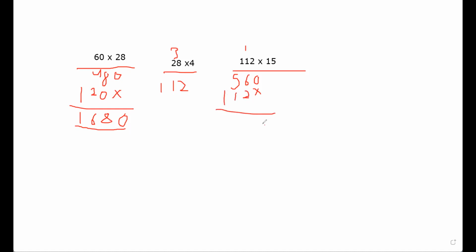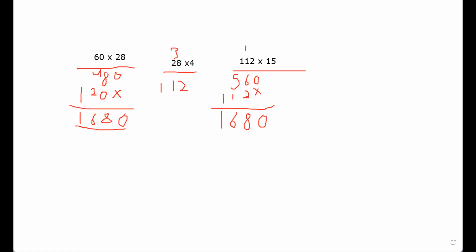Now we have to add. 1 twos are 2, 1 one is 1, and it also gives 1. Now we add these numbers, so it will become 0. 6 plus 2 will become 8. 5 plus 1 becomes 6. This will become 1. So the answer will be the same. The answer is the same, 1680.